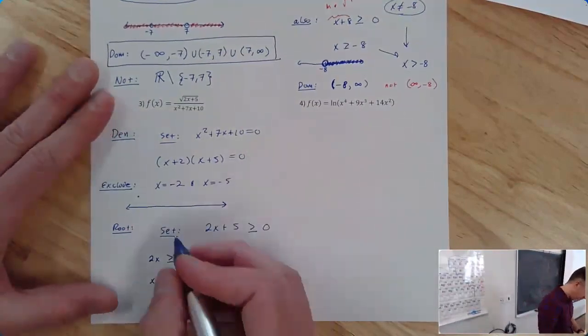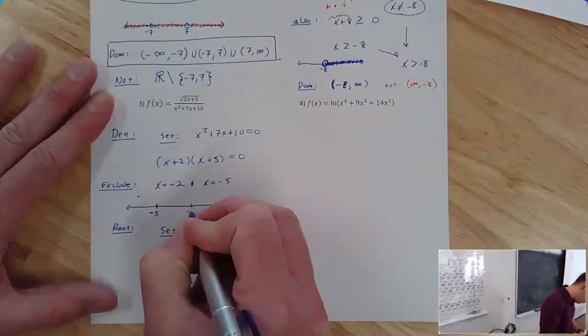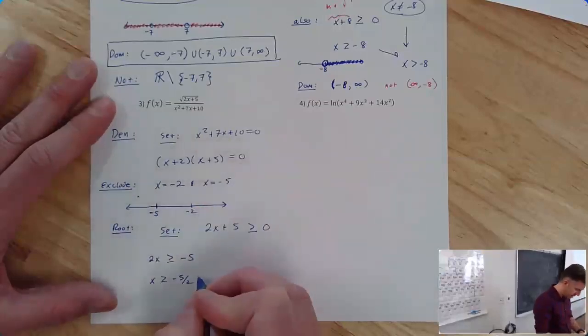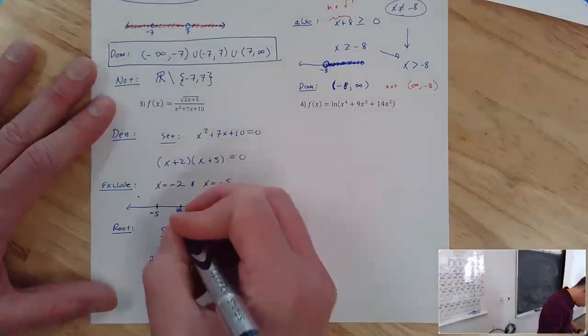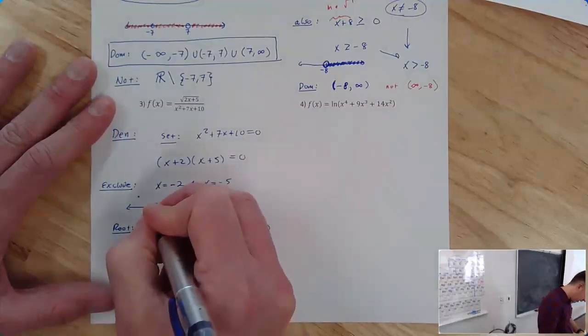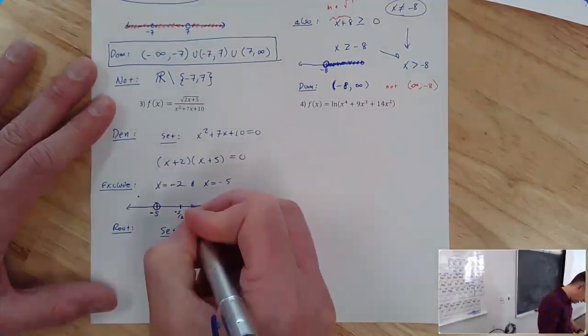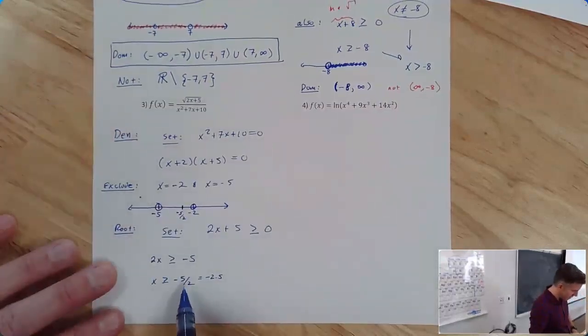So on my number line, I've got -5, -2, and -5/2, which is -2.5, should actually be between them. So it's like right here. -5/2. I don't want -5. I don't want -2. And I want everything that's bigger than or equal to -5/2.